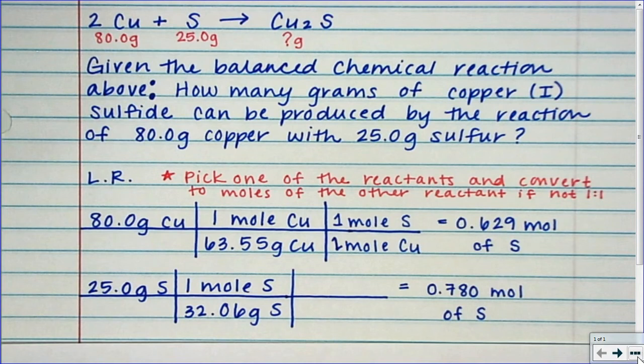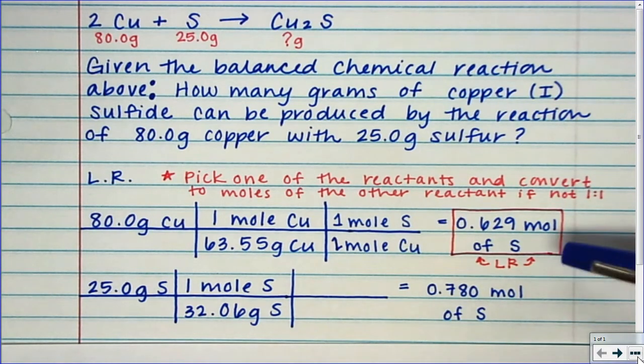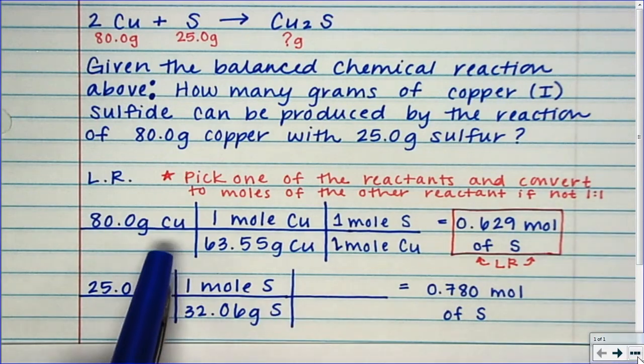You can now see on the screen what the numbers are if you calculate them. And you can directly compare these numbers now because they're both in moles of sulfur. So when you compare the two, whichever one is smaller, such as the top, will be our limiting reagent. We need to be clear here though, with this being the limiting reagent, it's not sulfur that's the limiting reagent because this number came from copper.